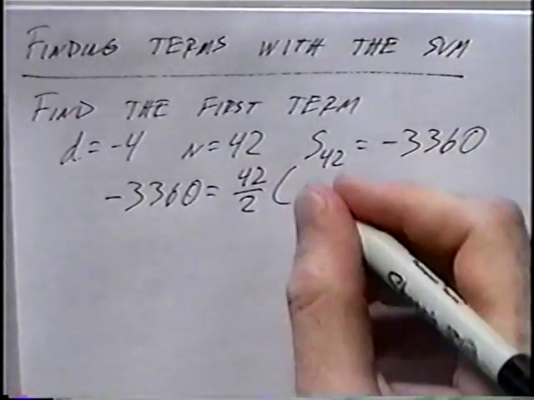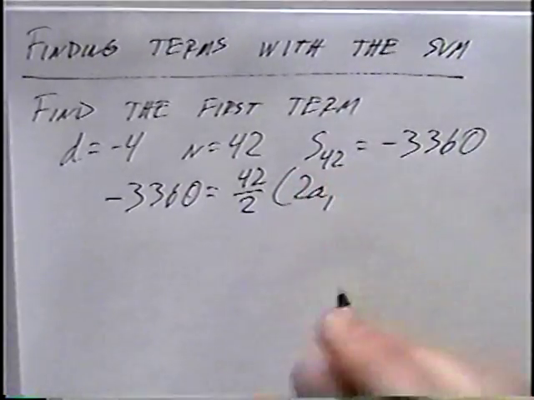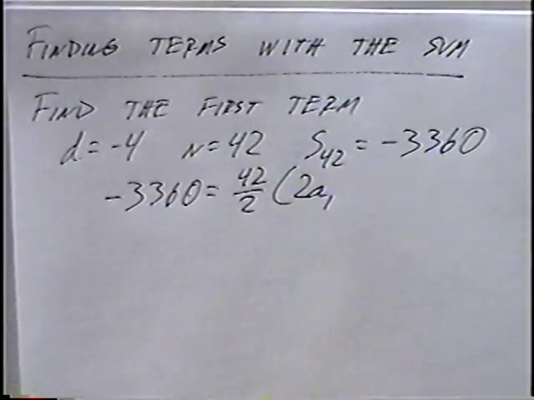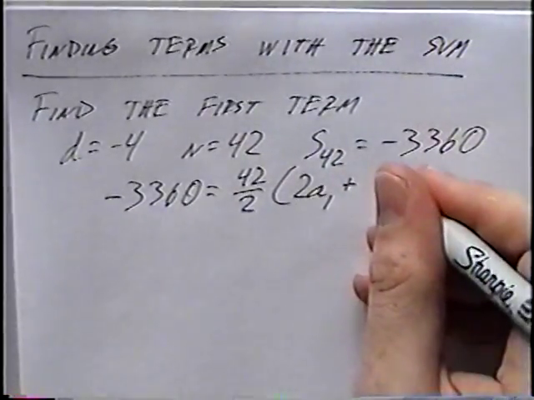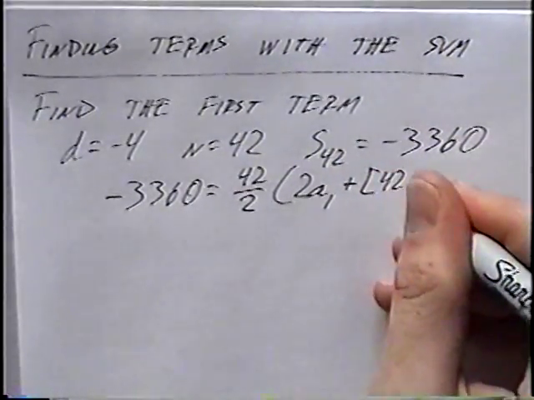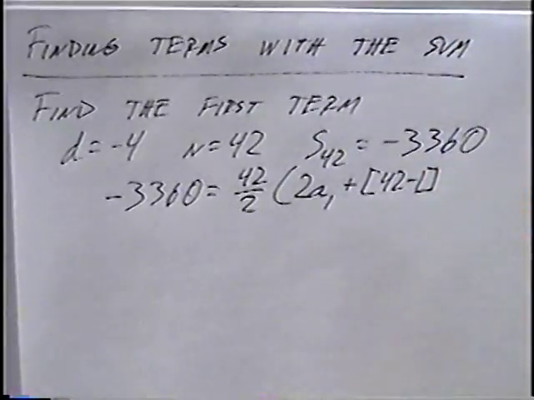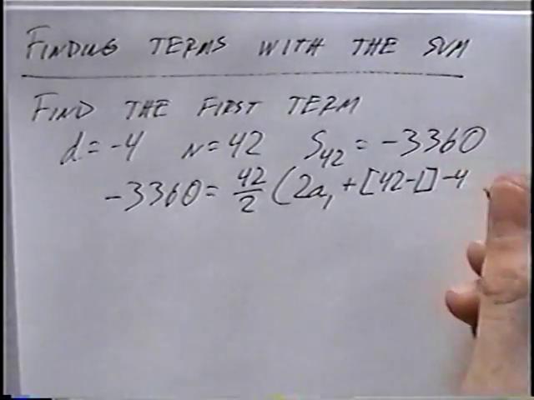In parentheses, 2 times a sub 1. A sub 1 we don't know, that's what we're looking for, the first term. Plus n minus 1. N again is 42 minus 1 times the difference, which would be -4.